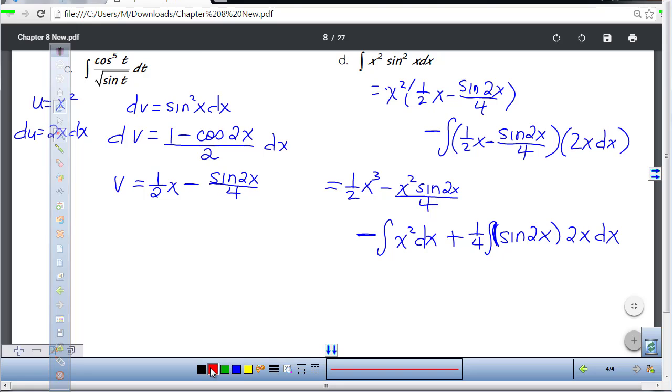We can cancel the 1/4 and the 2, so we're left with the 2 down here. So the integral of x squared dx, we can figure that out, right? That's easy. The integral of x squared dx is x cubed over 3. All right, but what about that 1/2 sine 2x times x dx?